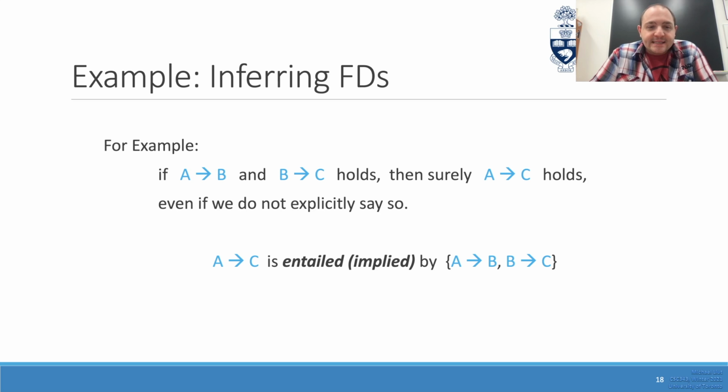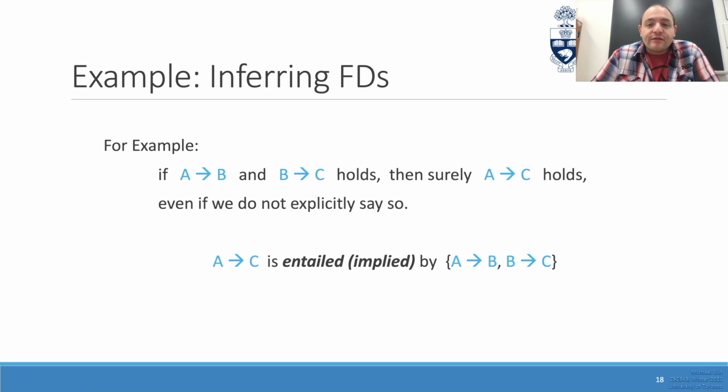So let's look at an example here. If A infers B and B infers C, we know that A infers C holds through transitivity. So A infers C is then entailed or implied by the set of functional dependencies A implies B and B implies C. But this allows us to play with something.